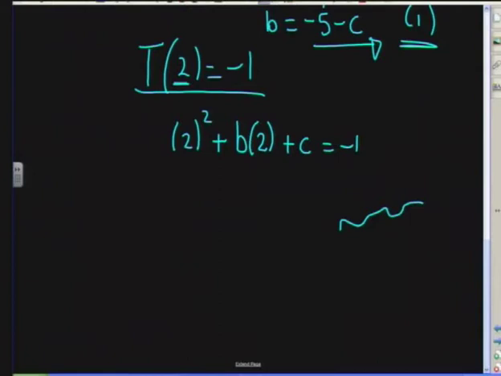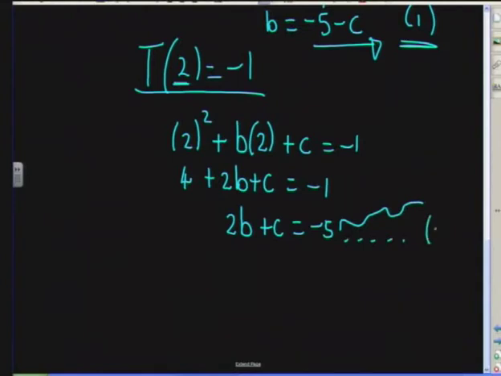Okay, so this is going to become 4 plus 2b plus c is equal to minus 1. Therefore, 2b plus c is equal to minus 5. All right, we can then call this equation 2. Remember, we're using the method of substitution with simultaneous equations.